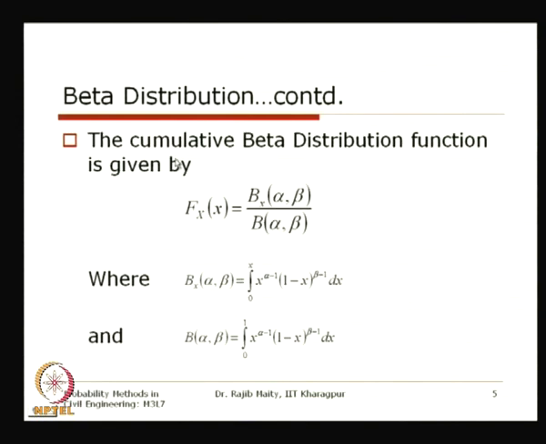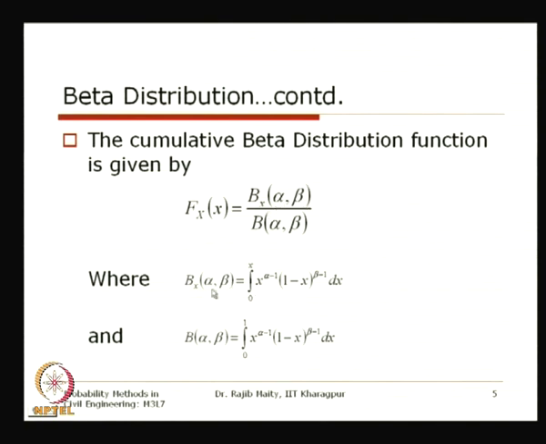Now, if we calculate the cumulative beta distribution function, which you know from the previous lectures, this is the integration from the left support, that is 0 in this case, to some particular value x, that is the cumulative probability. This will come to this form, beta x alpha beta.